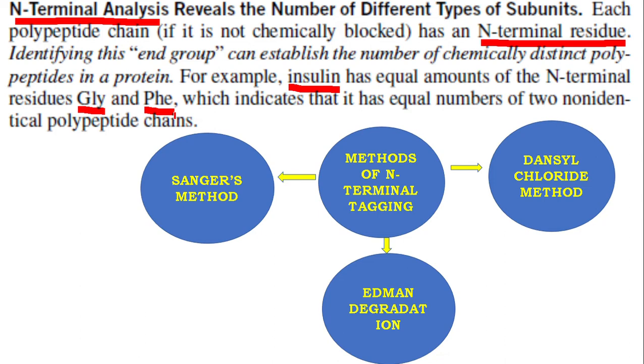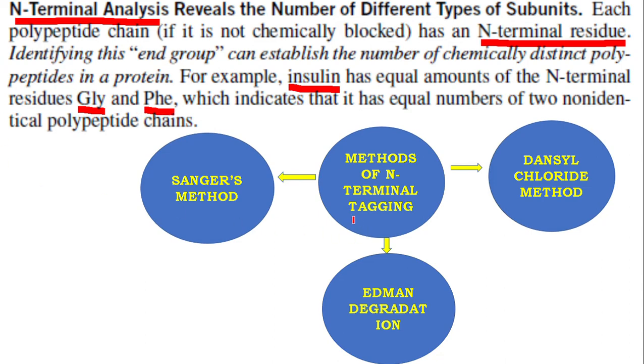What does it mean? There is a polypeptide chain containing glycine at the amino terminal side, and there is another polypeptide chain containing phenylalanine on the amino terminal side. It means insulin consists of two polypeptide chains. So that much important is the N-terminal analysis.